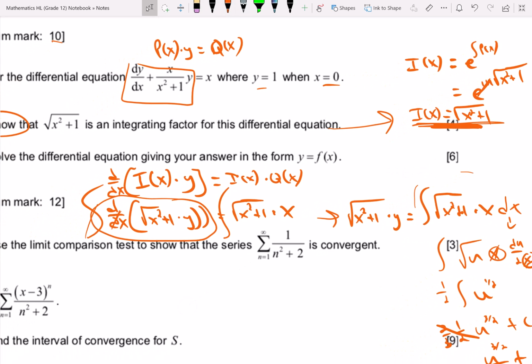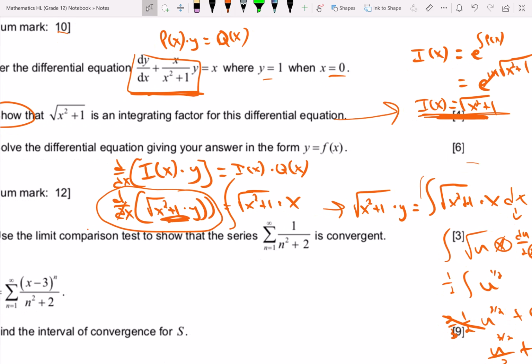So just remember how we found this integrating factor. And what we want to check is we actually want to do this math that I didn't do here by actually taking the derivative of this and showing that it's going to work out to be what we started with up here, right? So if I take the derivative of this, again, it's going to be derivative of the first one, which is derivative of this. Again, this is the same as to the 1/2 power.